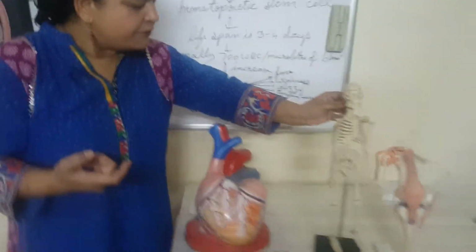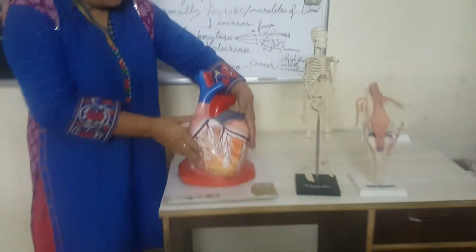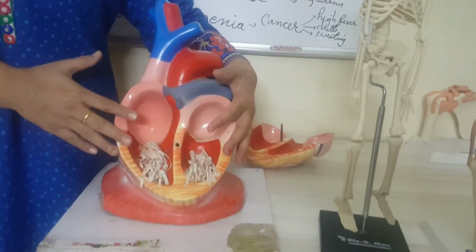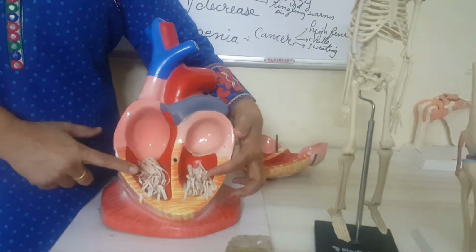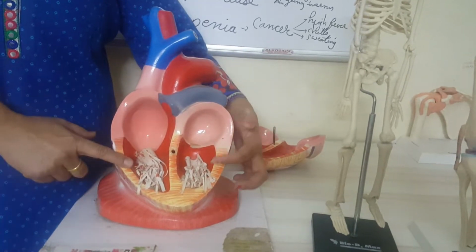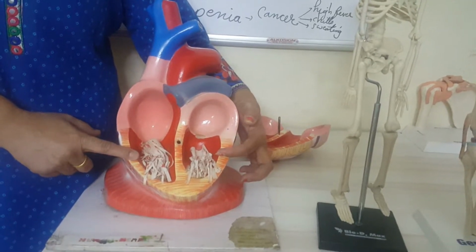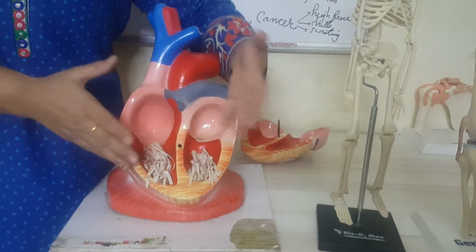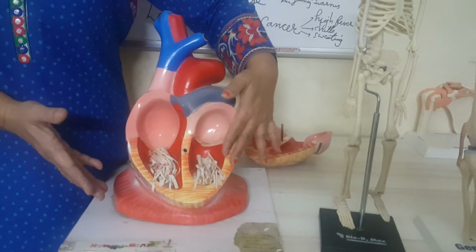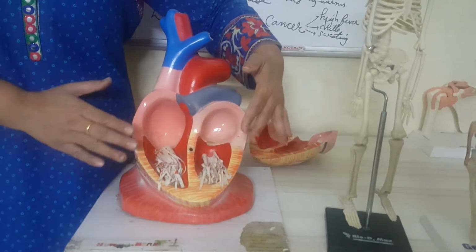Now, if you look at the heart, it is made up of total 4 chambers, 2 upper, 2 lower. 2 upper chambers are known as auricles, 2 lower ones are known as ventricles. Now, heart is divided into 2 parts, left hand side and the right hand side. You could very well see this is my left hand and this is the right hand.